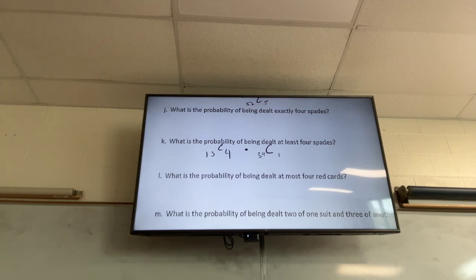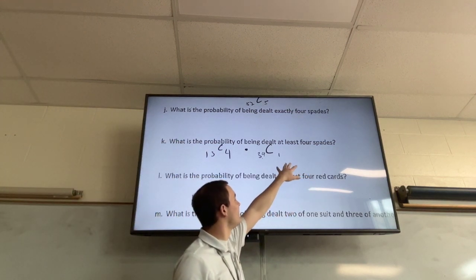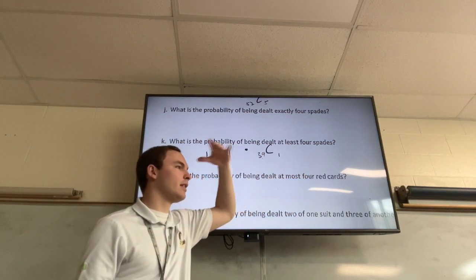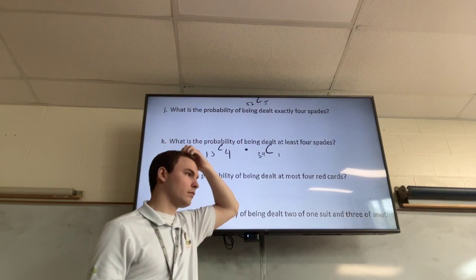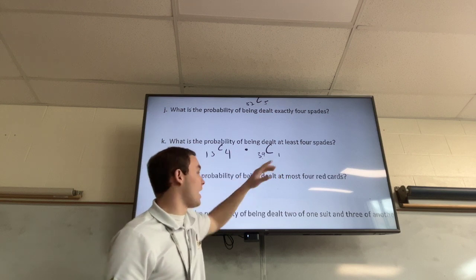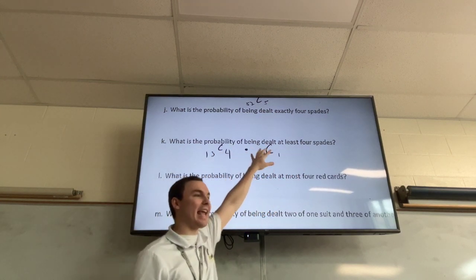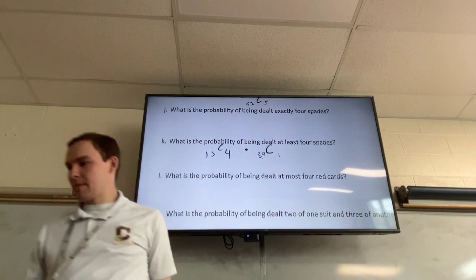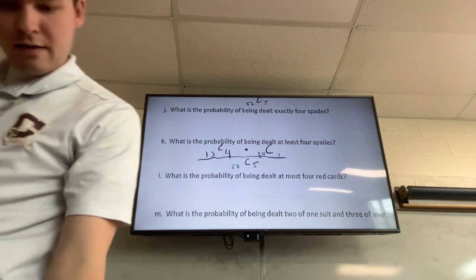And I multiply them together because a hand with exactly 4 spades is going to have 4 spades and a non-spade. So then that's divided by 52 choose 5.